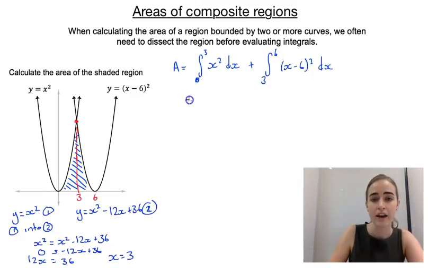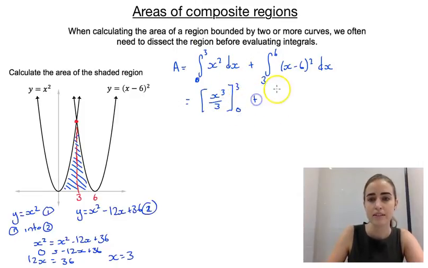So we can go through and evaluate those integrals. We're going to have x cubed over 3 between 3 and 0, plus (x minus 6) cubed over 3 between 6 and 3.